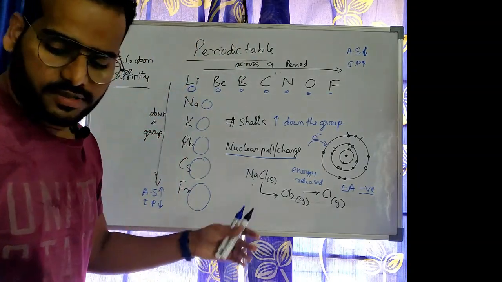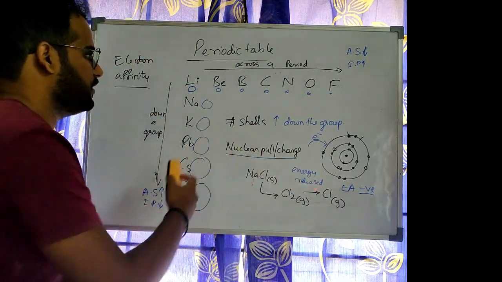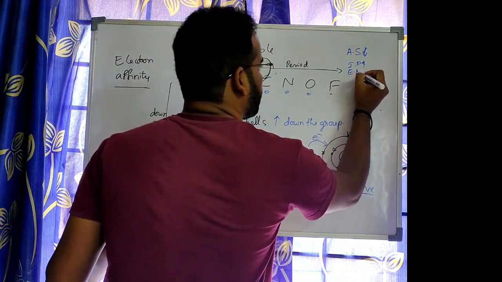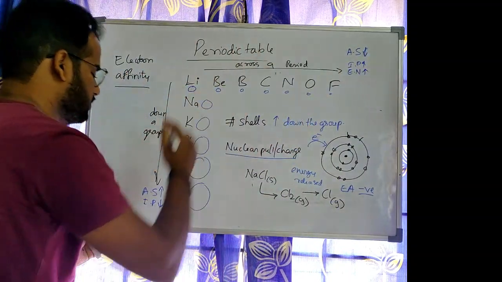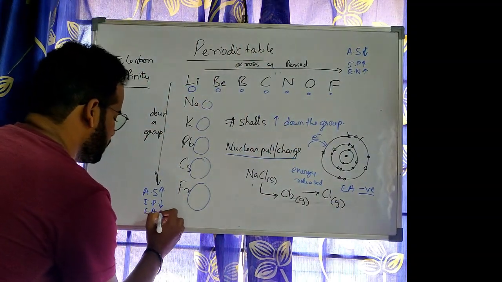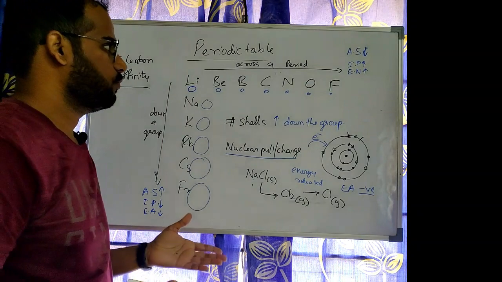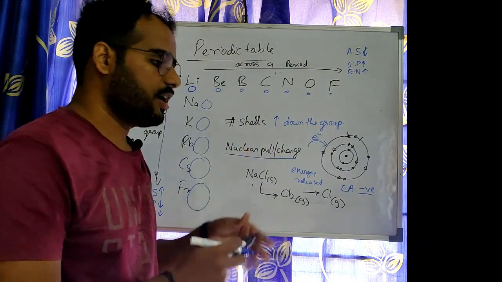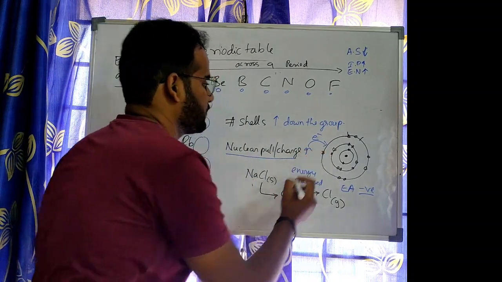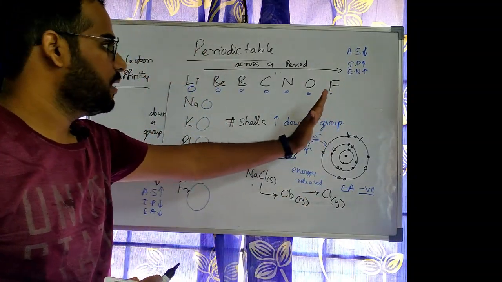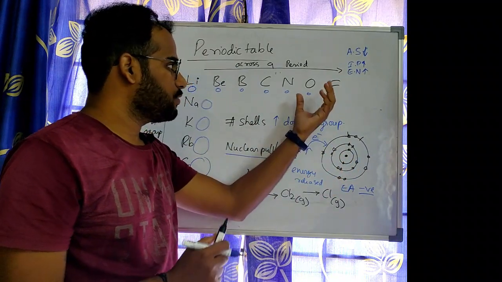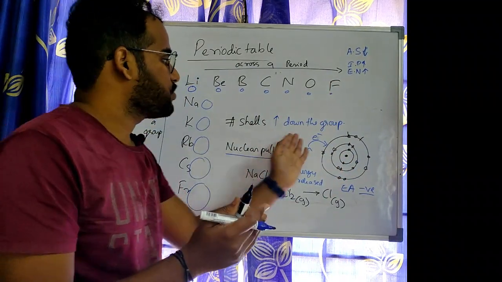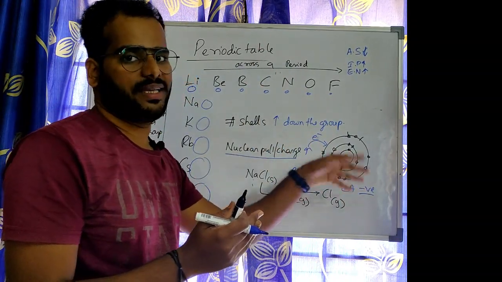So what is the trend of electron affinity? Same as ionization potential. Electron affinity increases across the period and decreases down the group. Why? Across the period the nuclear charge increases, so the electrons are pulled towards the nucleus and the external electron will be attracted by the atom.